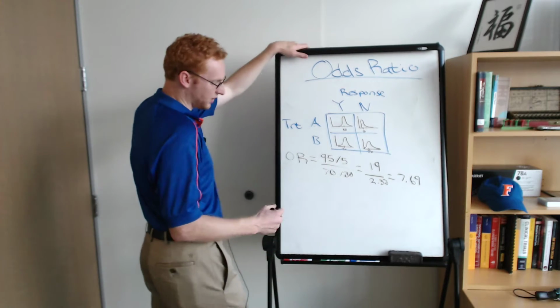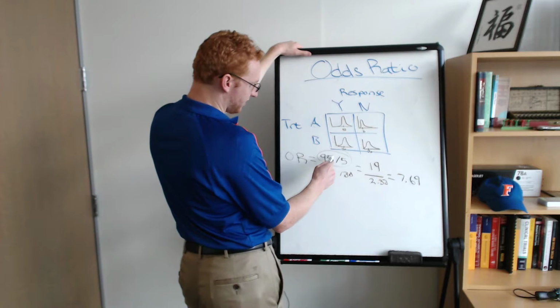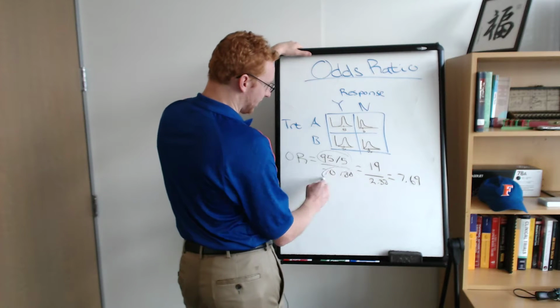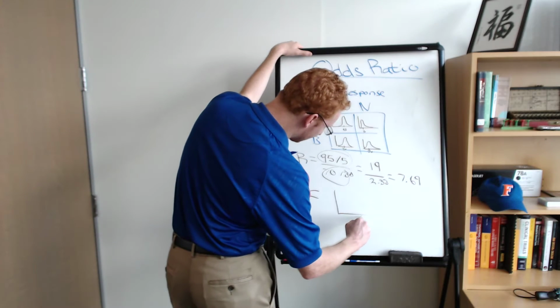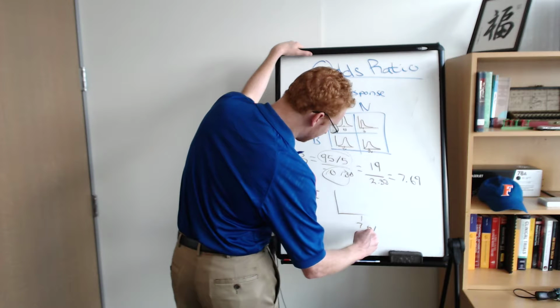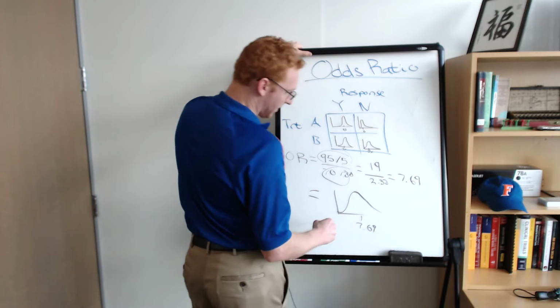So for the odds ratio, we give this a distribution. The variance is a function of these cell counts. Eventually, we'll get something centered at 7.69, and it'll be approximately normal shaped.